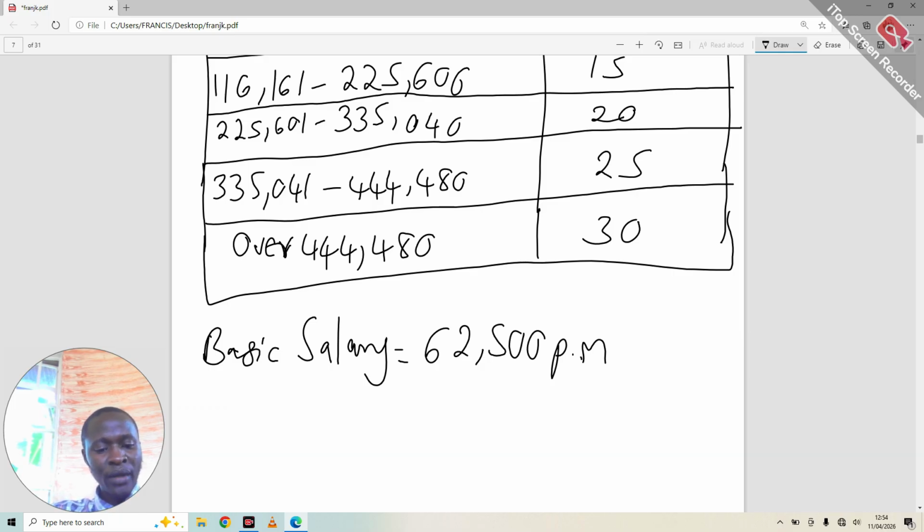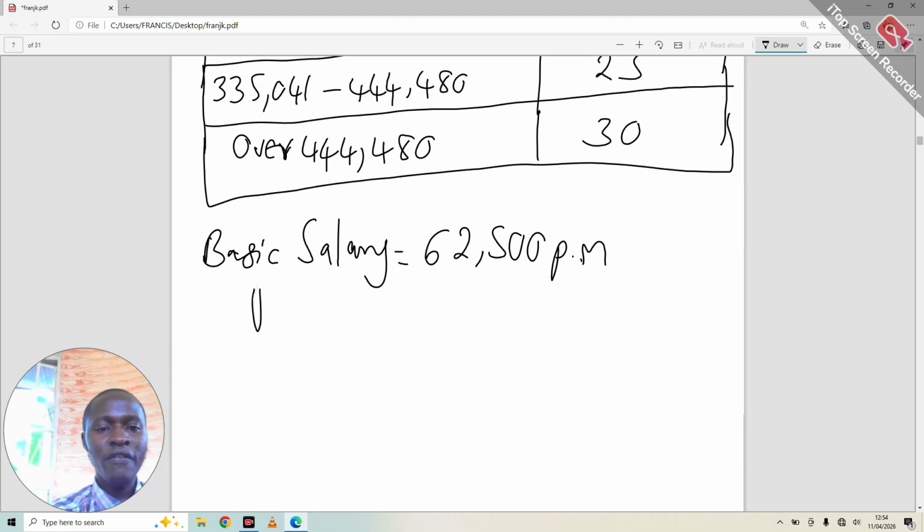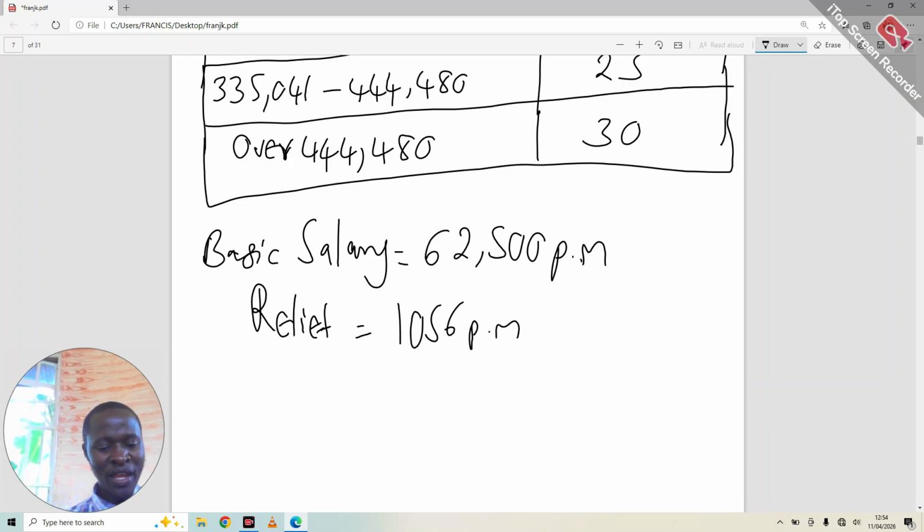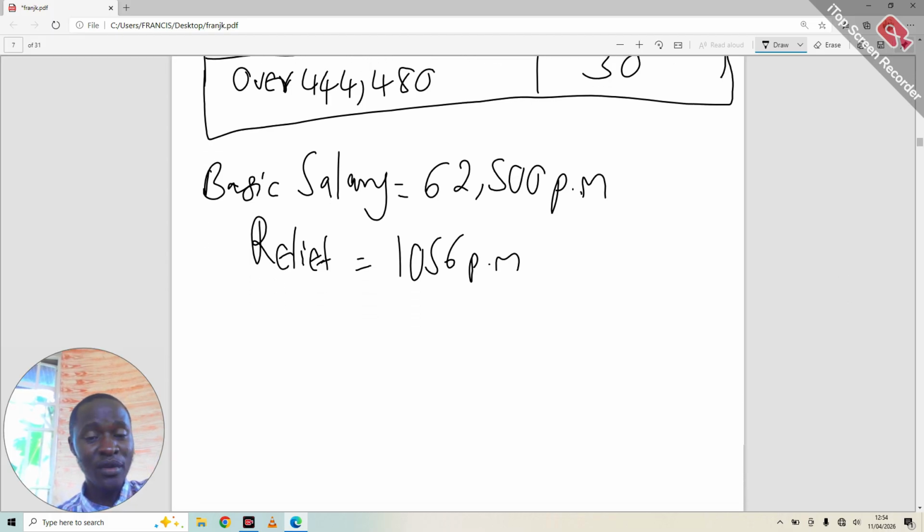So let's continue. He claimed a personal relief of 1,056 per month. Relief. We are having our relief of 1,056 per month. Every month. This question is a very good question for a Form 4 student.